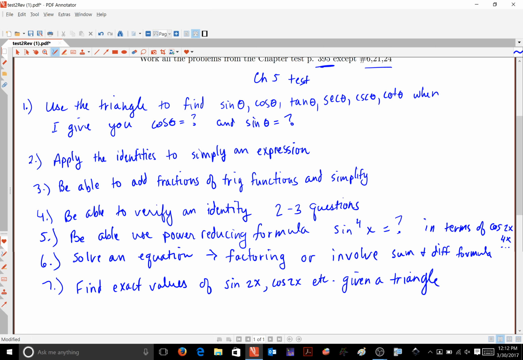So I will give you some right triangle, and you'll have some value of x, and I'll have these all labeled with numbers all the way around here. And you have to figure out how to do sine of 2x. That's using your double angle formula, and then plug in the values for the sines and cosines from the triangle.